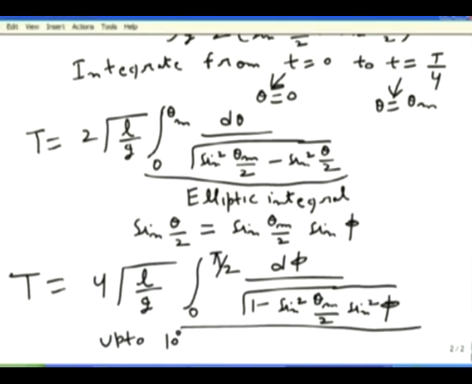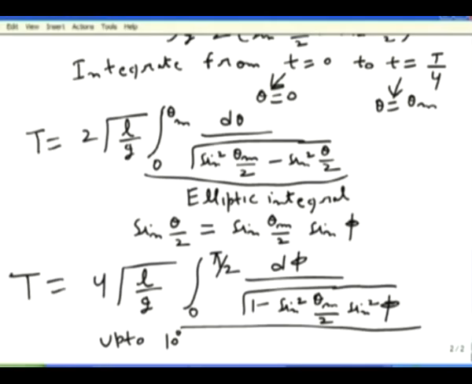So, up to 10 degree simple harmonic motion approximation is reasonably accurate. After that, one has to go for the exact analysis, and this is what this example has shown.